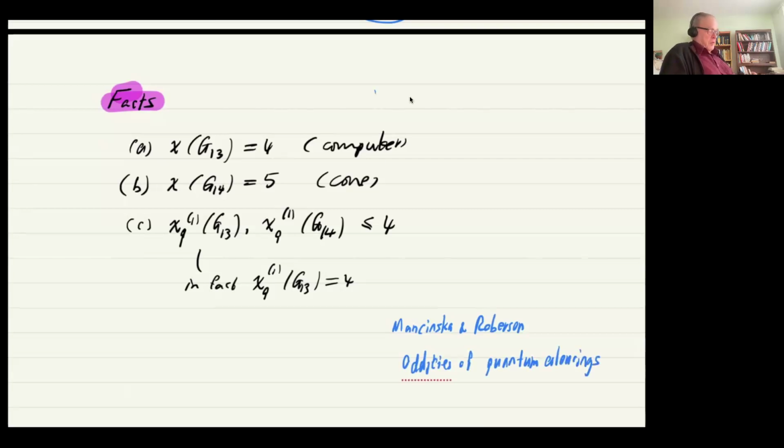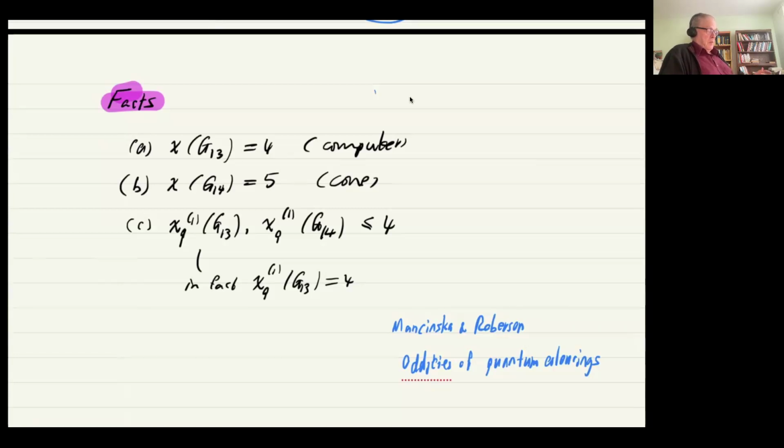They give proofs that, in fact, the chromatic number is not 3. This was proved earlier by a non-trivial computation, and then Laura and David give a proof that takes a couple of pages. The thing to notice here is we don't have very much machinery for determining quantum chromatic numbers. I already said determining chromatic numbers is hard, and quantum chromatic numbers are certainly no easier. So these are the facts that we have.